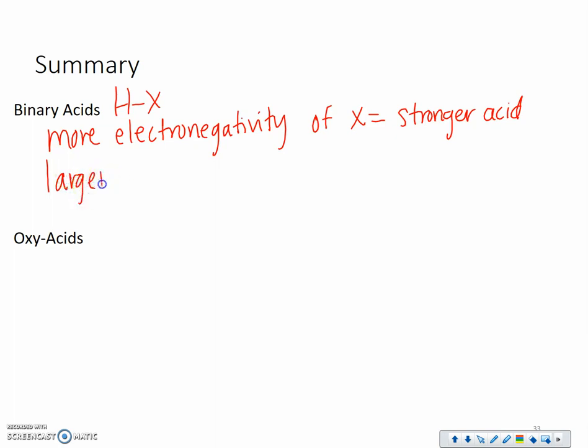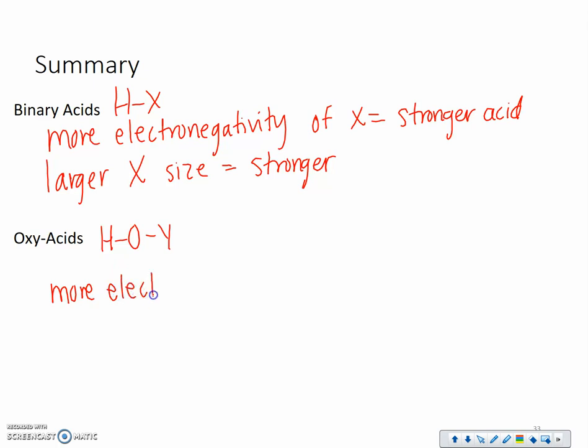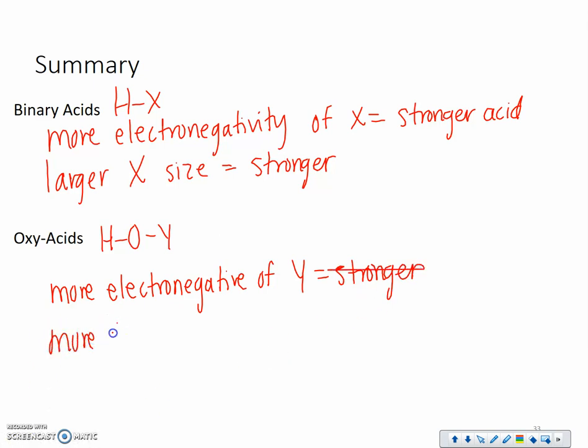The other thing you look at is the size of X. The larger, the stronger. If you have an oxyacid, which has H and then an O and then something, the more electronegative Y is, again, stronger. And the more oxygens you have, the stronger it is.